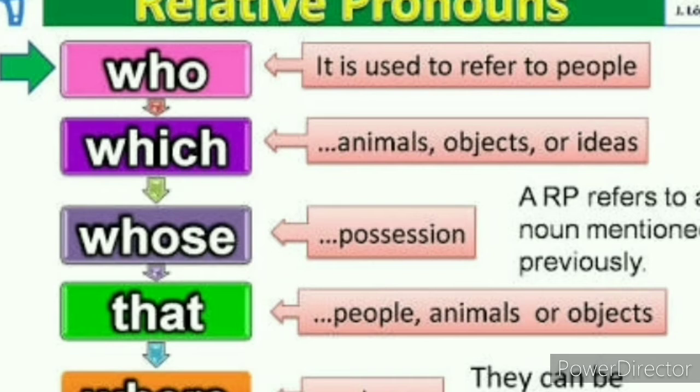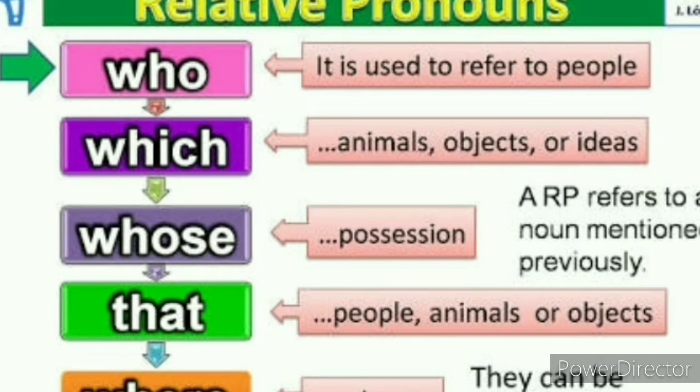The boy who is wearing a cap is my brother. In this sentence, which relative pronoun is used? Yes, who is used. Followed by: I loved the present which you gave me.